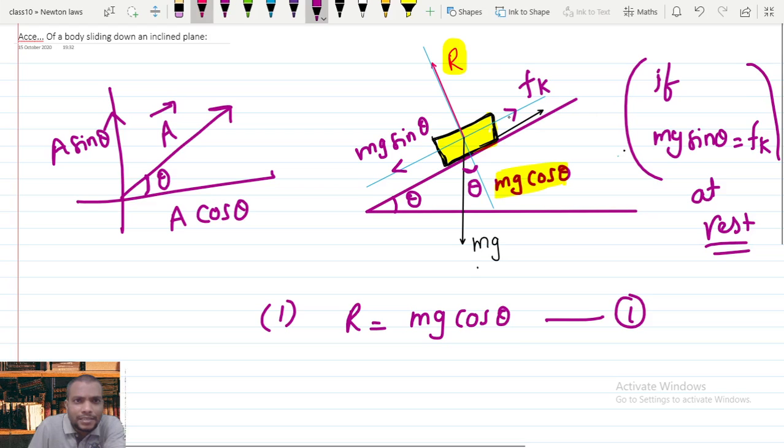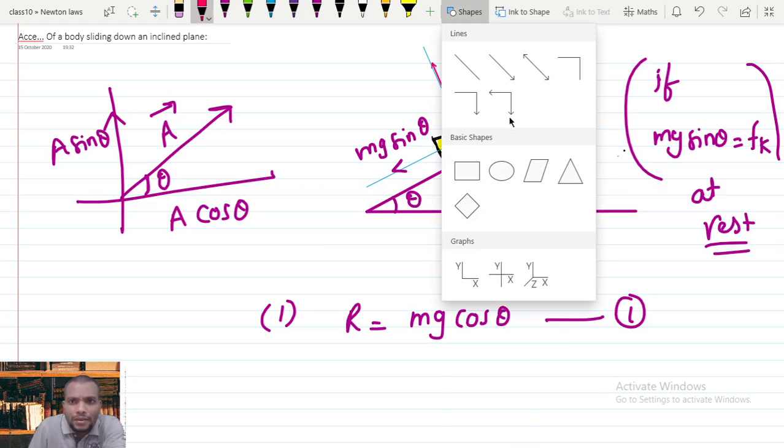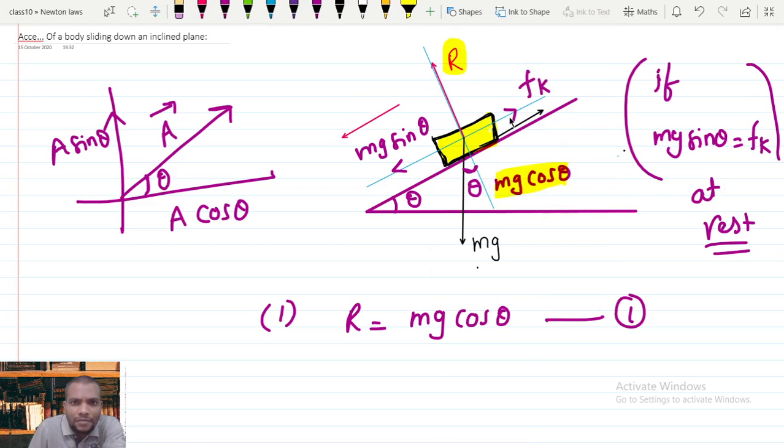But in our case, the block is moving forward, so it is having forward acceleration. Since it is having forward acceleration, it means the mg sin theta component is more than f of k.